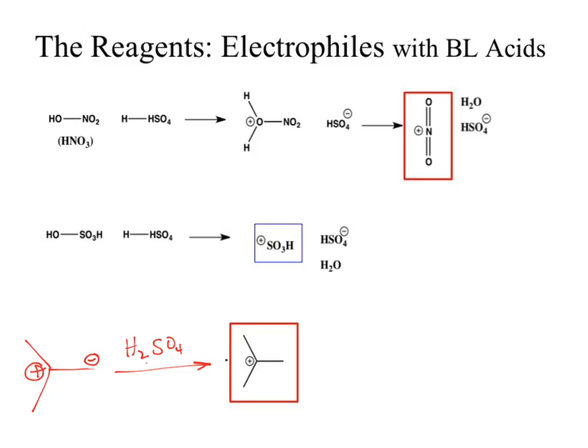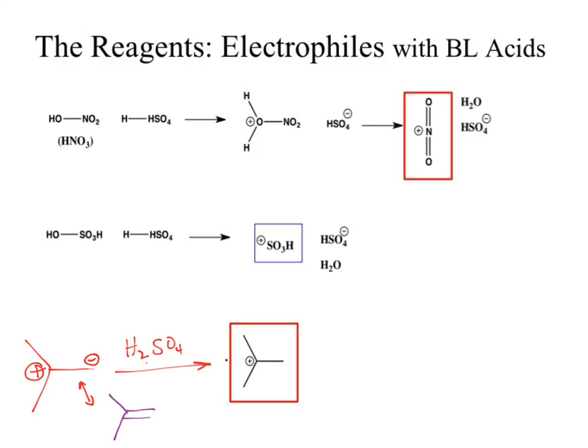What functional group did we start with? There it is, an alkene. Okay, so we can start with an alkene, react it with a strong acid to generate our electrophile, and then throw in our benzene structure to react. Also a less common one, but it does show up occasionally. Okay, questions?